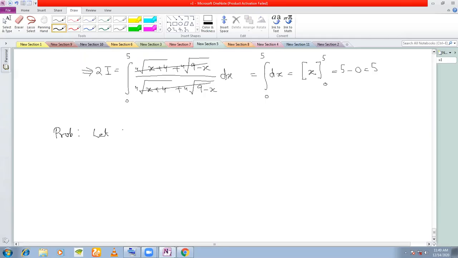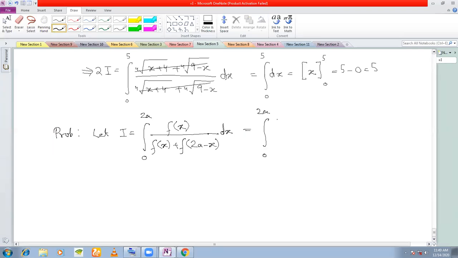Let I be equal to integral 0 to 2a f(x) by f(x) plus f(2a minus x) dx. Again, we use that property.